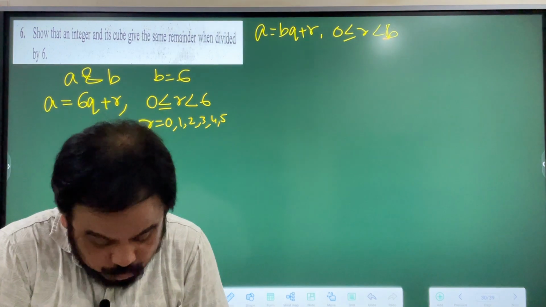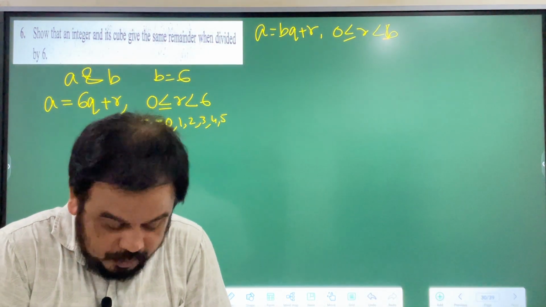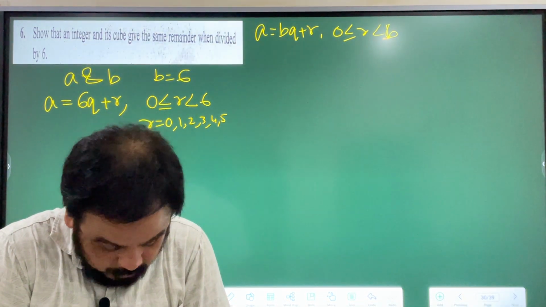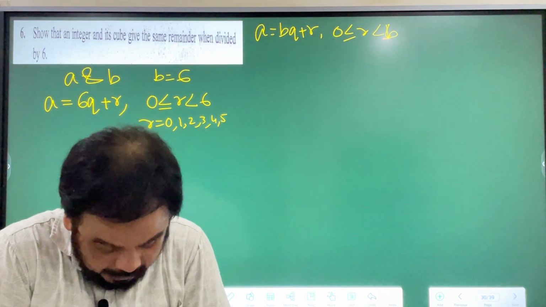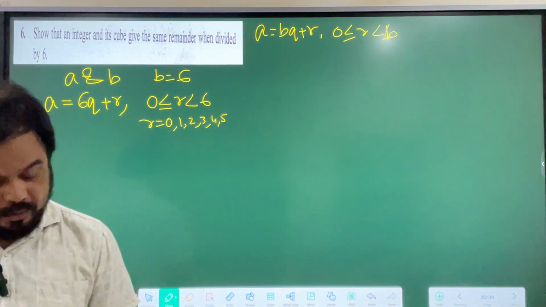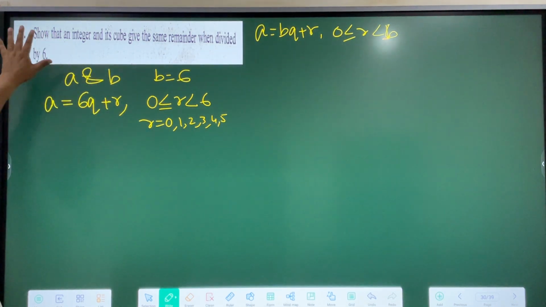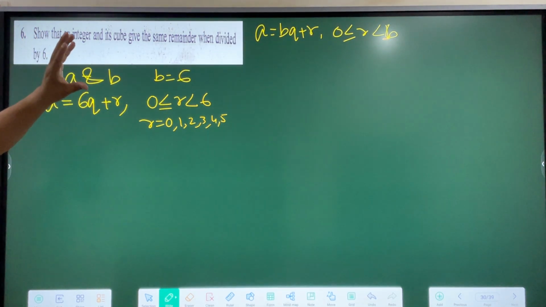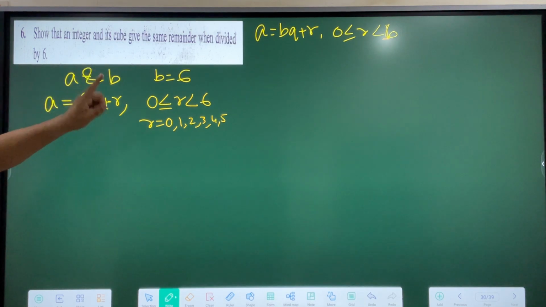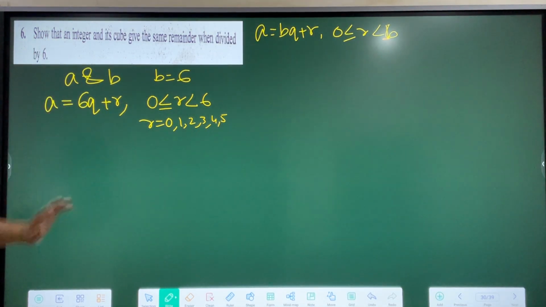For R equals 0, we will put the value and then do cubing on both sides. For R equal to 1 and 2, we will not do all of it. We will see that a term with a factor of 6 present is divisible by 6. That we can understand at least.